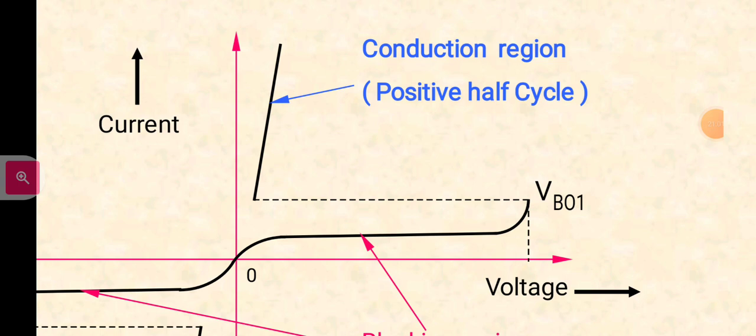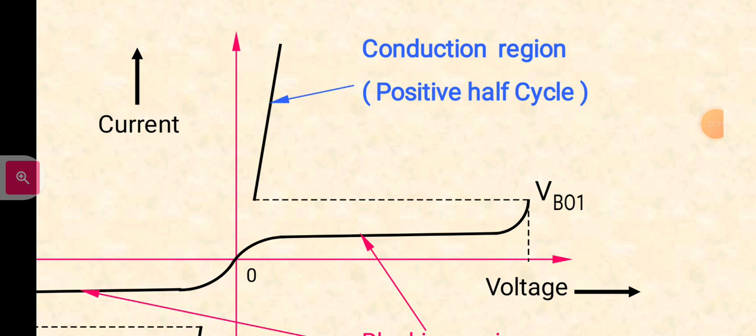The terminal T1 is positive with respect to T2, and if the voltage applied is less than VBO1, a small leakage current flows through the device.